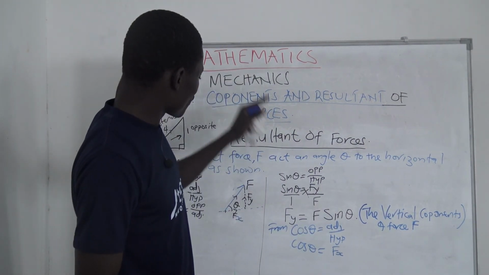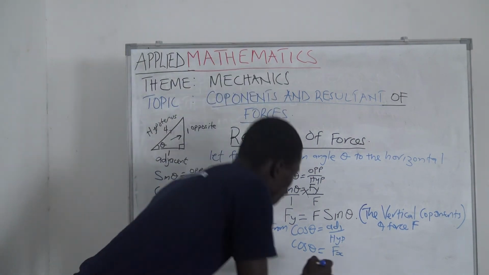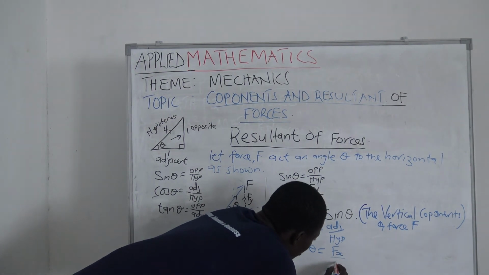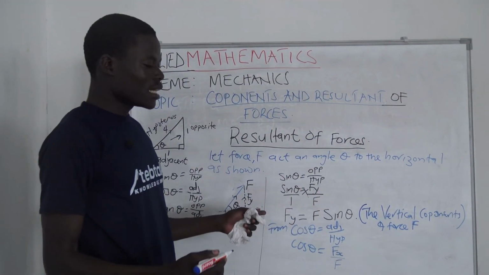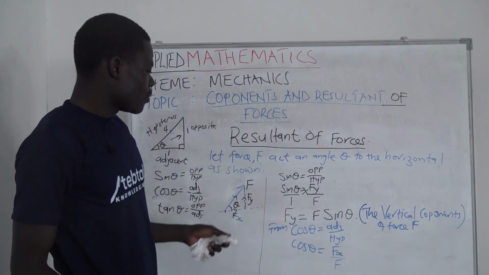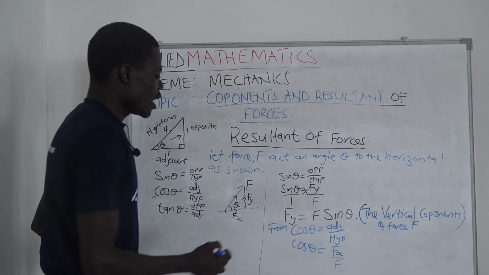Hypotenuse is the longest side. The longest side was having force F. Out of force F, what do we need to get? We need to get our force Fx.